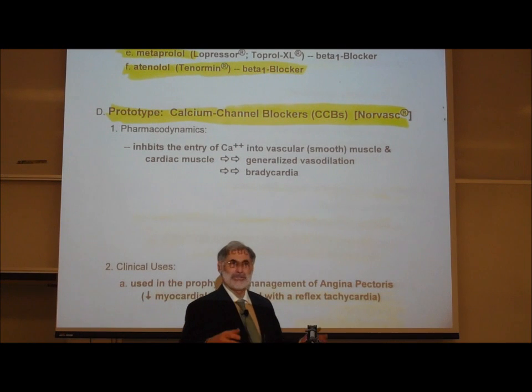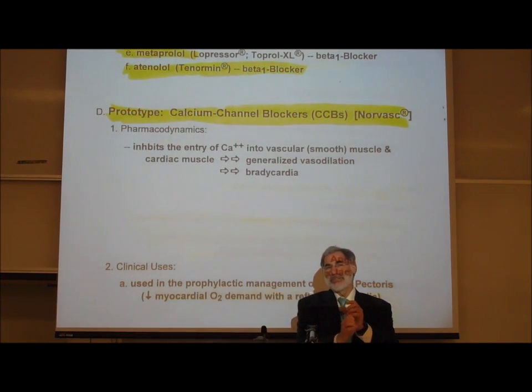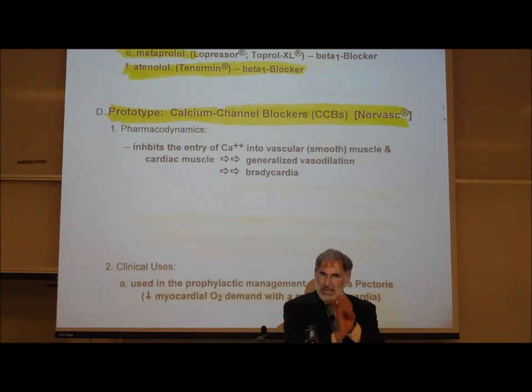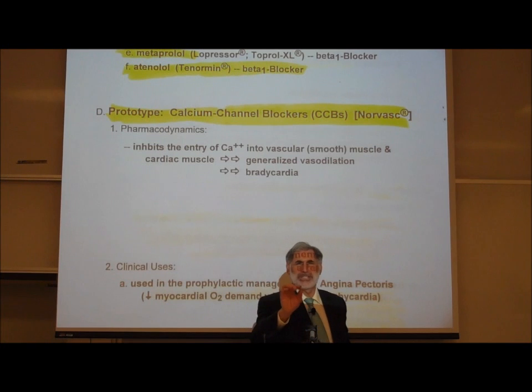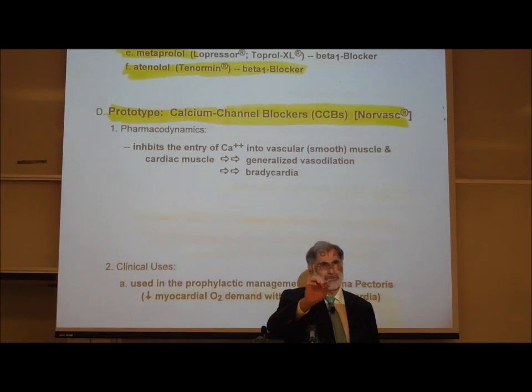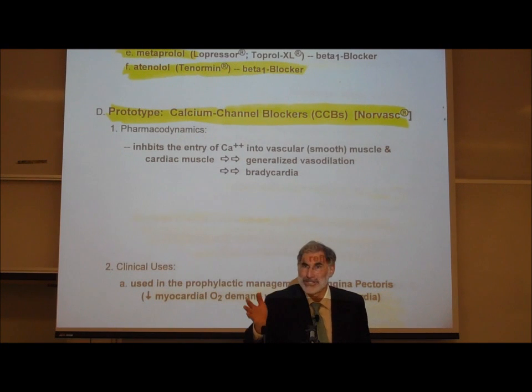Skeletal muscle cells don't have these calcium ion channels because calcium is stored internally within the skeletal muscle cells in those little sacs called lateral sacs or terminal cisterns of the sarcoplasmic reticulum, if anybody remembers any of that.